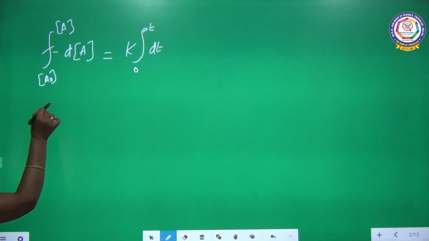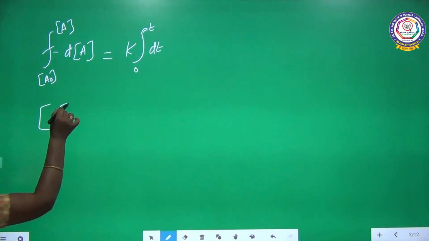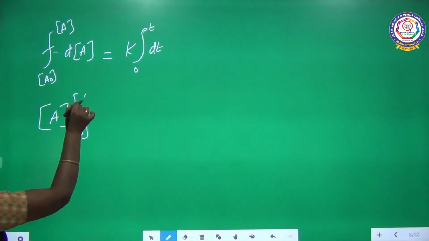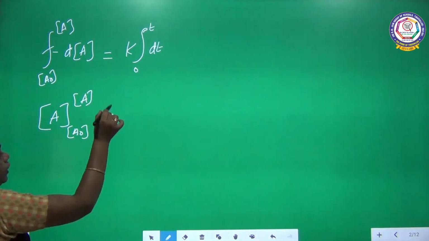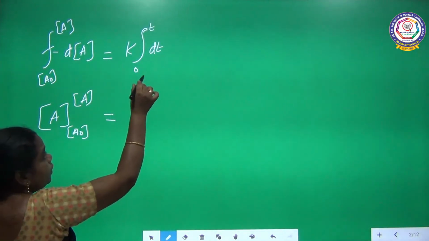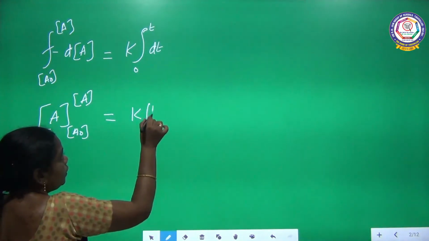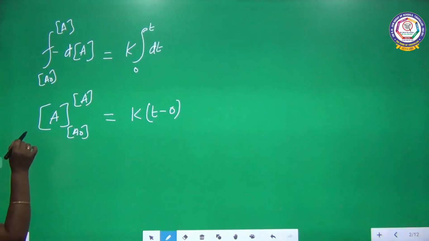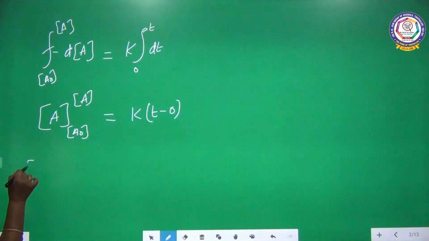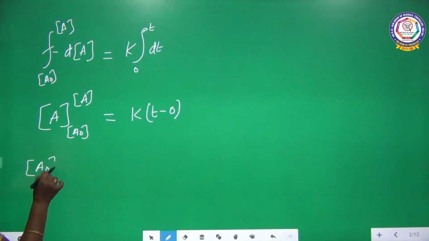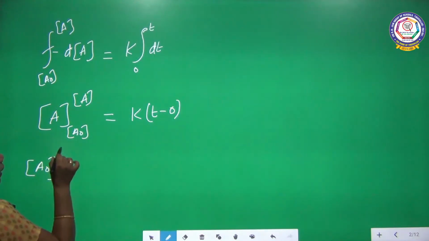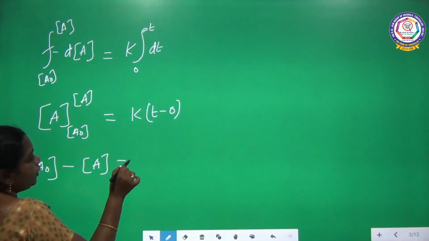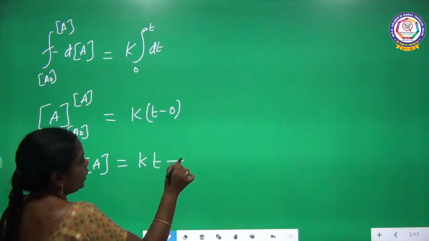So, this can be written as concentration of A from the limit A0 to A equal to K into dt, which is nothing but t minus 0, and this can be written as concentration of A0 minus concentration of A equal to K into t.